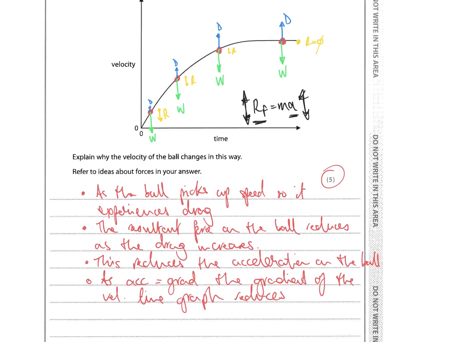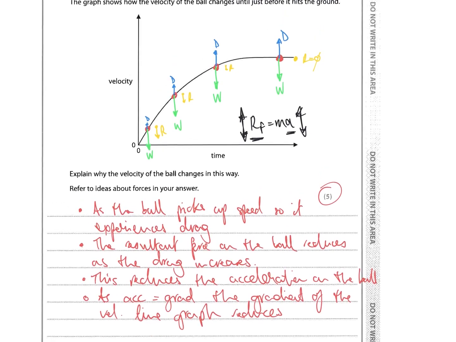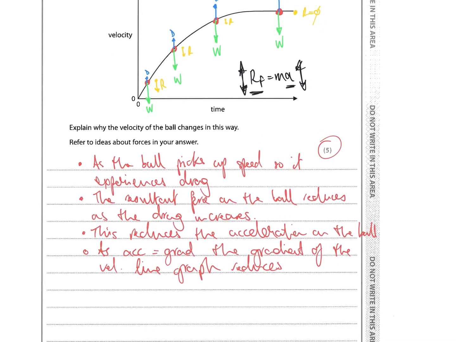Okay, so we sort of described the principles there. So really, what's happening towards the end point? Well, at the end point, this point right up at the top here, when the drag equals the weight, the resultant force is equal to 0.